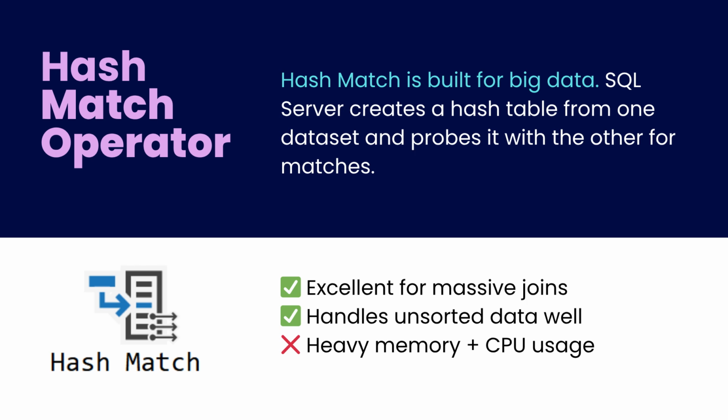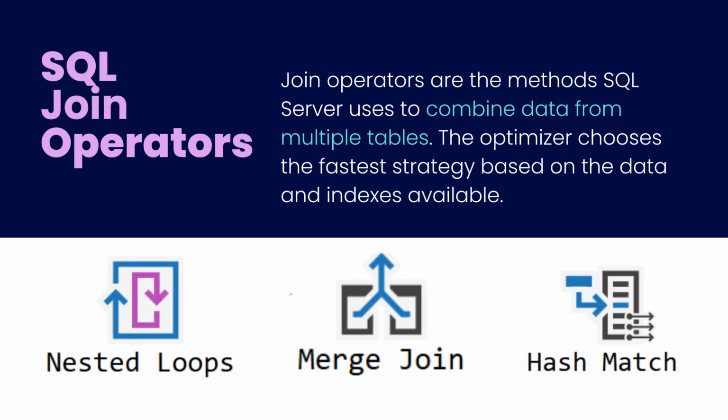And hash match is built to handle massive data sets efficiently. It performs well even when the data isn't sorted, but it can become expensive on memory and CPU under heavy workloads. And this is why no join operator is universally good or bad. They're strategies. The optimizer is constantly choosing trade-offs.